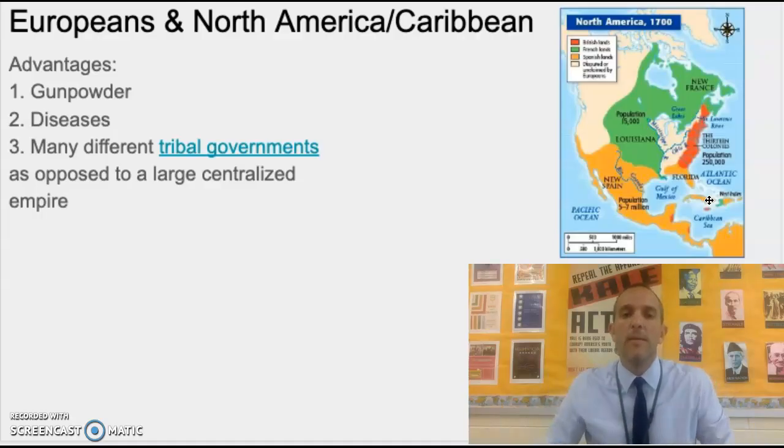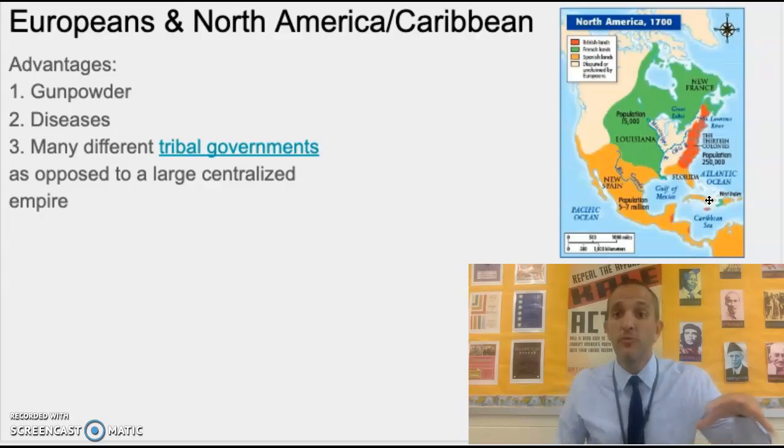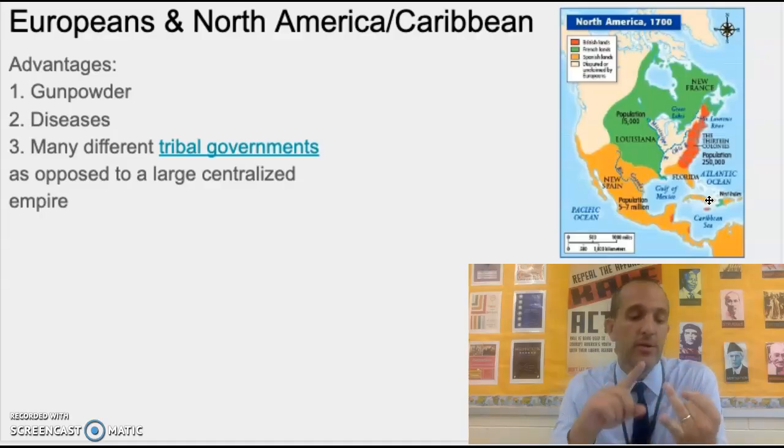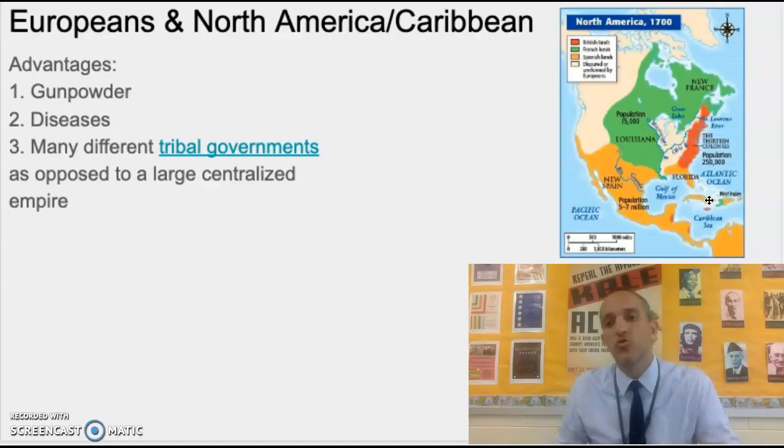It's good to grow. But what allows the Europeans to conquer this is pretty similar to what we see in Spanish Latin America. We have advantages of gunpowder. We have advantages of diseases that the Native Americans aren't used to. Also, we have many different tribal governments. Unlike with this, there was kind of more of a unifying force in Latin America, and then where people didn't like their Aztec or Incan government.